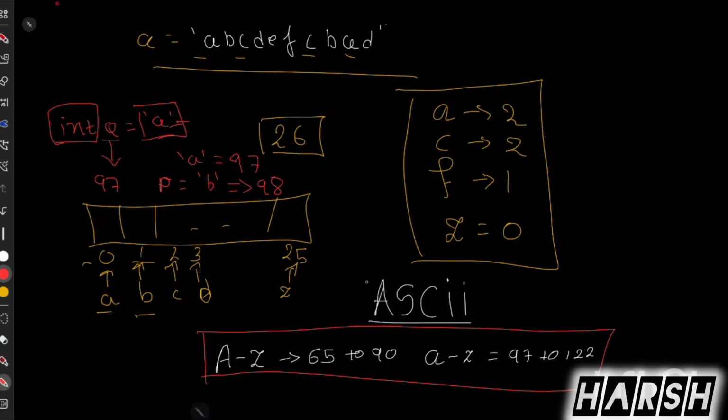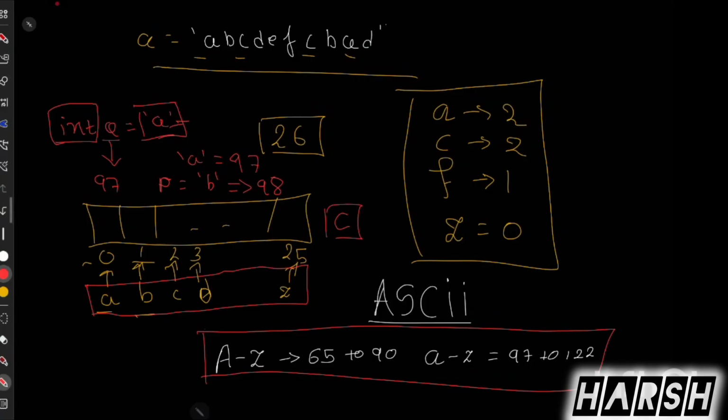I hope you understand ASCII values. Now the question is how I map small letters a to z in code form. I want to map c as in this array, 1, 2, 3, 4 up to 25. How do I do that?